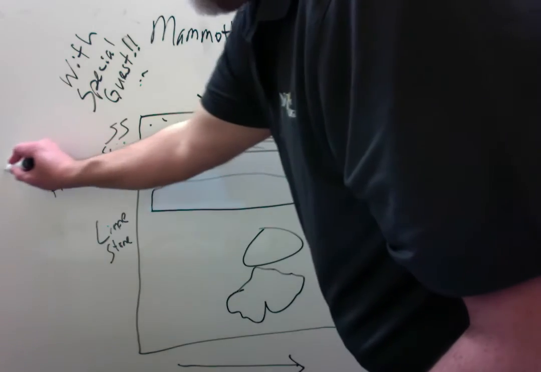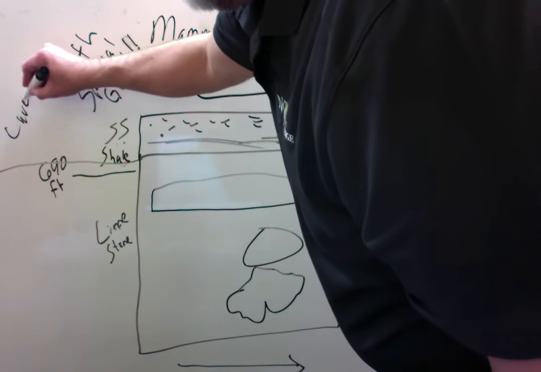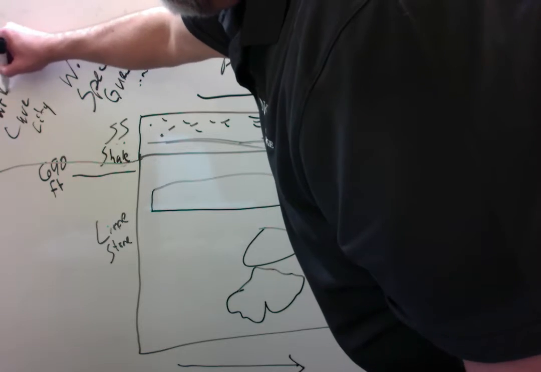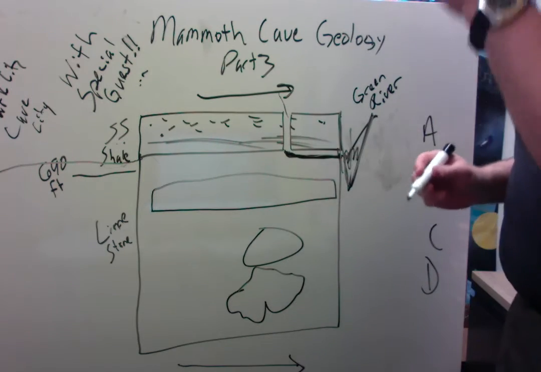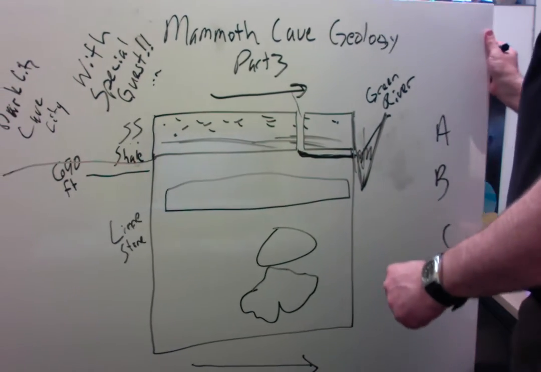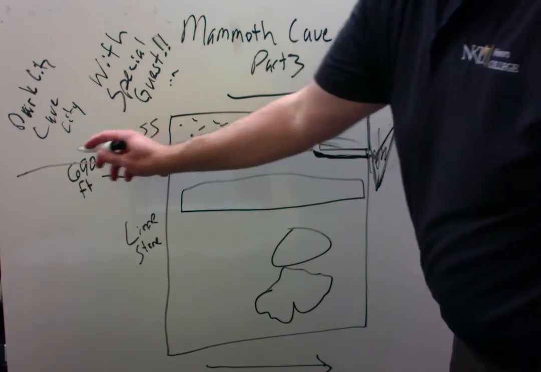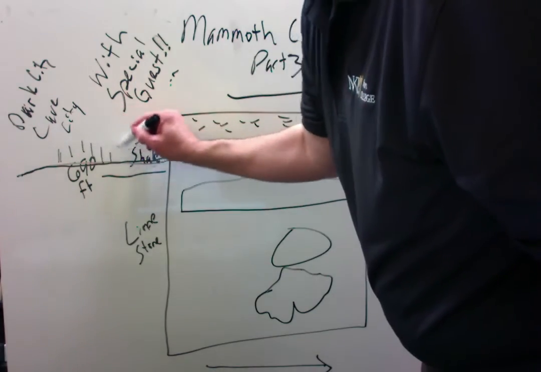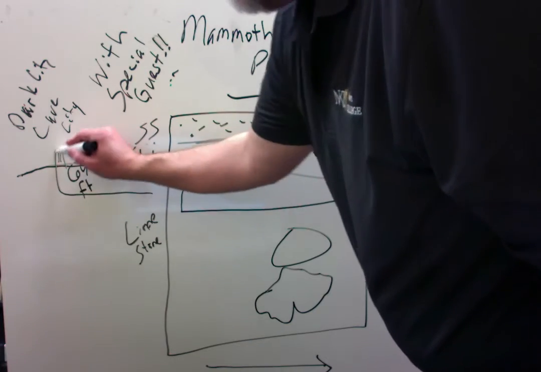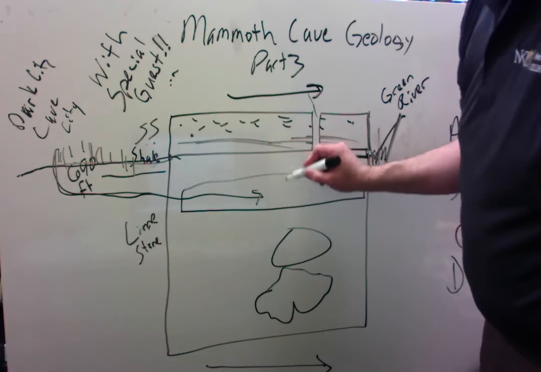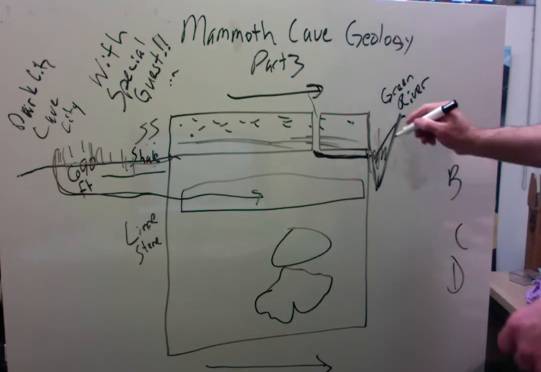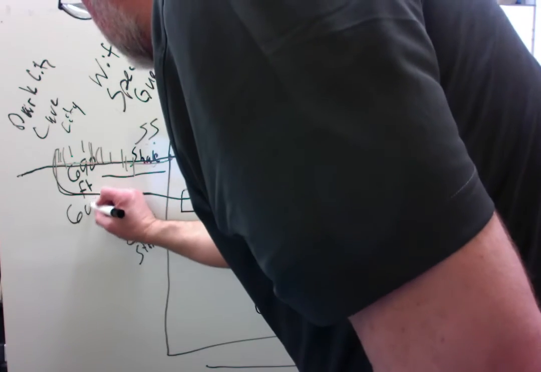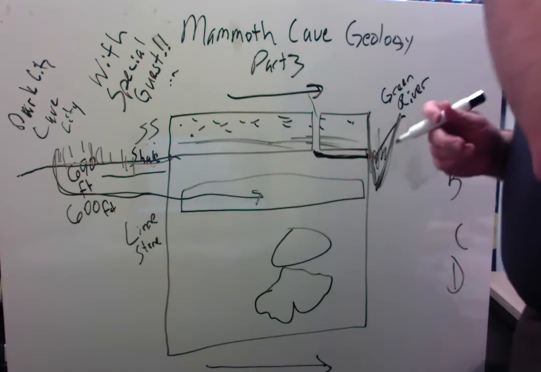If I were to extend this out into Cave City, say, or where we were at Park City, where we looked in those little sinkholes, then we were standing on the top of the limestone, and water was falling straight into those sinkholes and joining an underground river that started to form level B. So level B and the sinkhole plain formed at the same time when the Green River cut down to about 600 feet, where level B is.